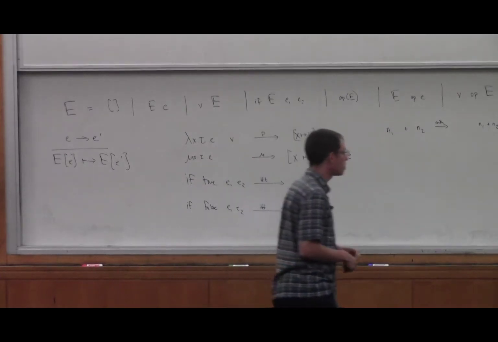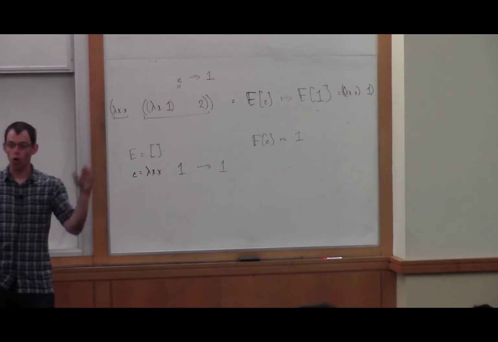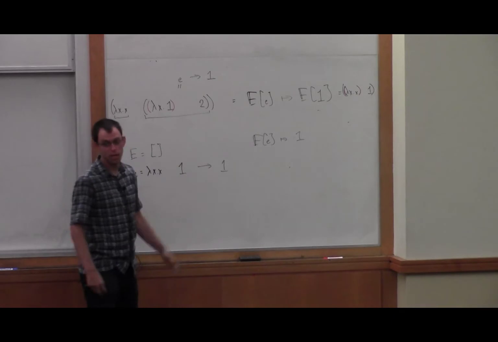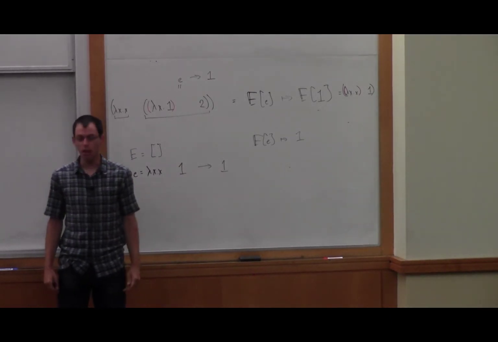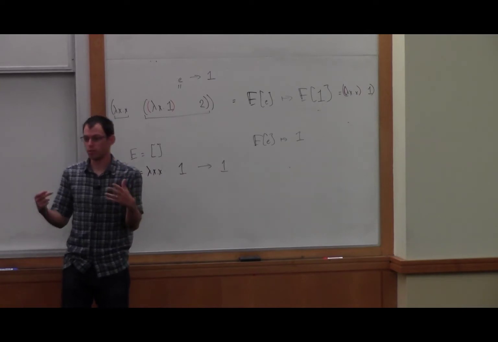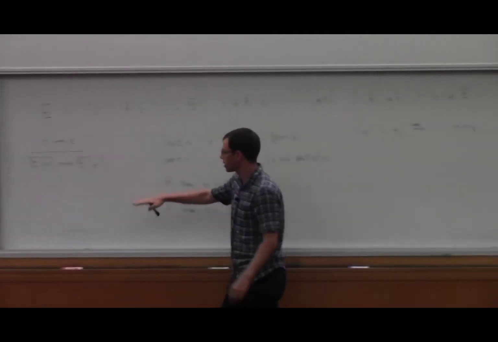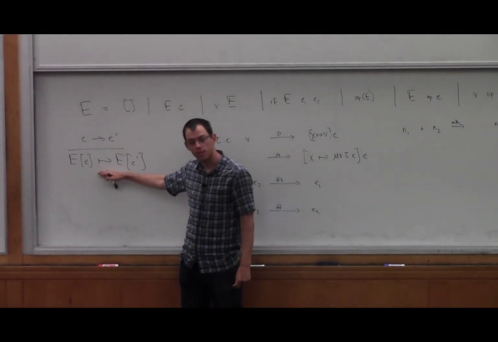So if what we want to do is say that our whole original term reduces in 2 steps to 1, then the relation that reduces it in 2 steps is this relation, and this relation is about terms in context.